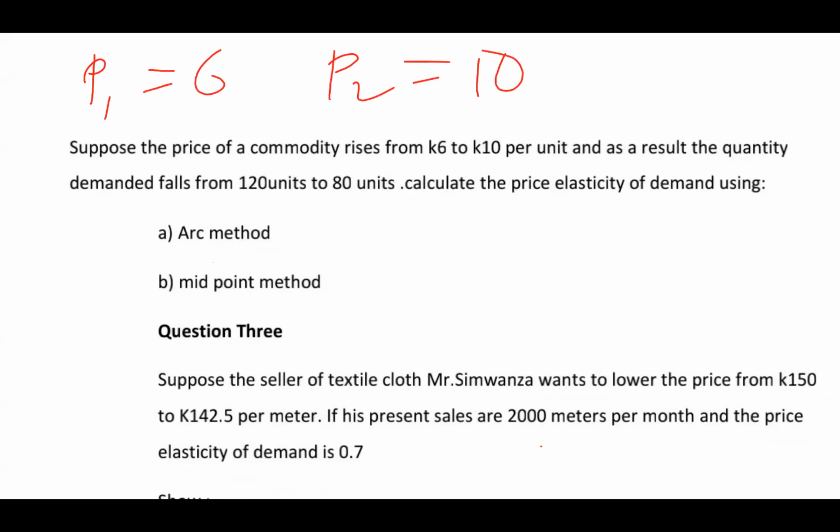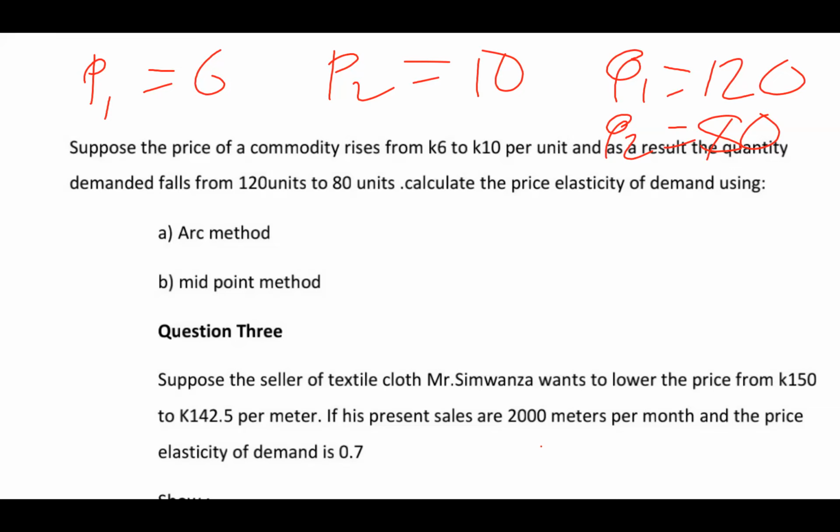As a result, the quantity demanded falls from Q1, 120, to Q2, 80 units. Then the question says, calculate the price elasticity of demand using the arc method.